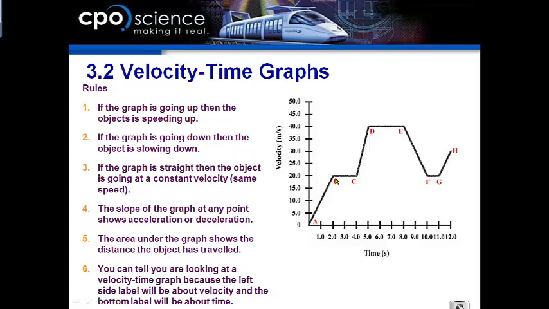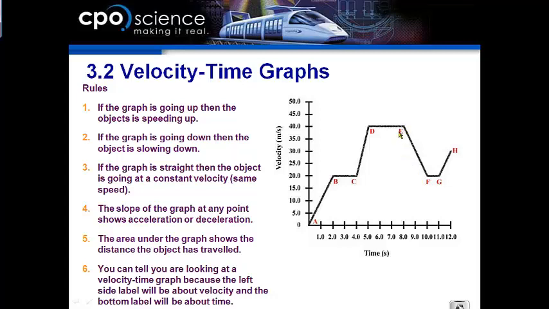Okay? Here, between B and C, the slope is 0. That means the object is not speeding up and it's not slowing down. It's going a constant velocity or a constant speed. And then if you come over here between E and F, the object is slowing down because the graph is going down. And that makes sense because the slope is negative.